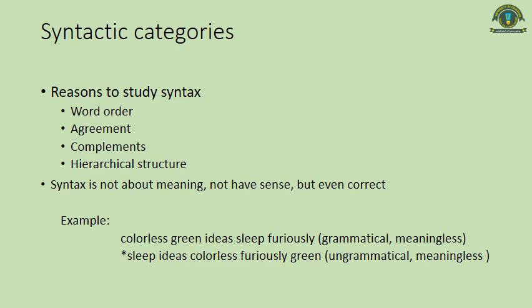And then agreement, the subject and verb agreement, the determiner and noun often must agree. For example, he wants this book. If I say he want this book, I want these books.